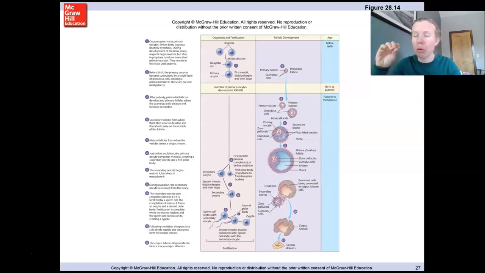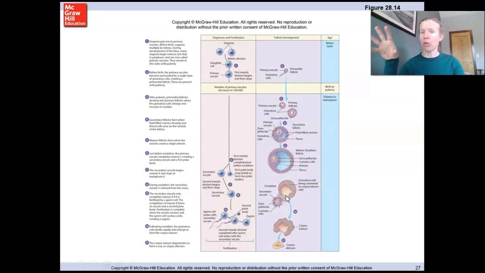It's really just before ovulation that we'll see the completion of meiosis 1. So notice now they're calling it a secondary oocyte. That secondary oocyte finished meiosis 1. It's haploid now. And this is going to be released from the ovary. Again, the fimbriae on the ends of those uterine tubes are trying to pull that in, hoping to introduce it to sperm.